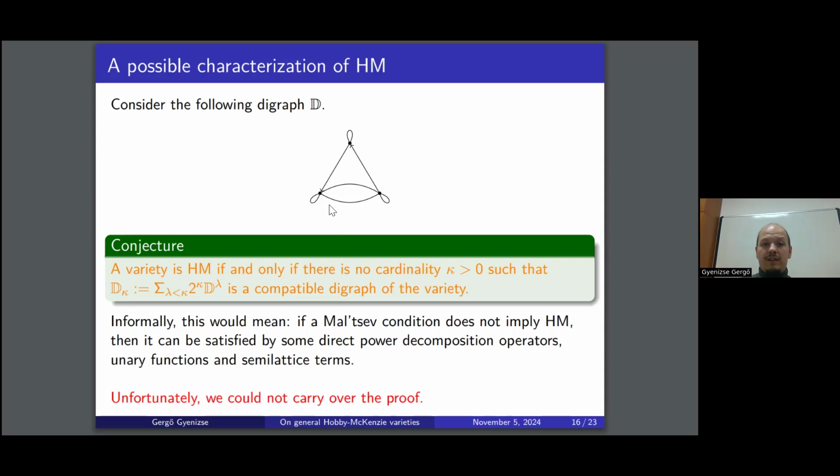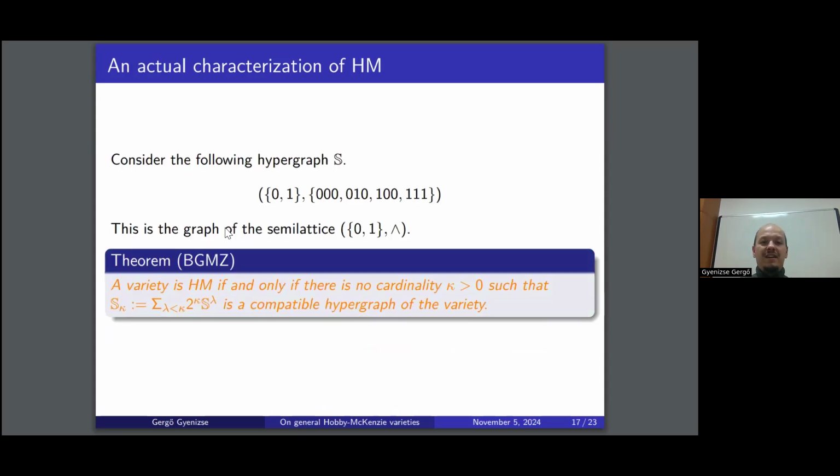But the hard direction we couldn't do. So the proof did not carry over to the hard direction somehow. But when we changed D to something else, then it did carry over, and I have to say that I still don't know why that was. So it's something non-trivial.